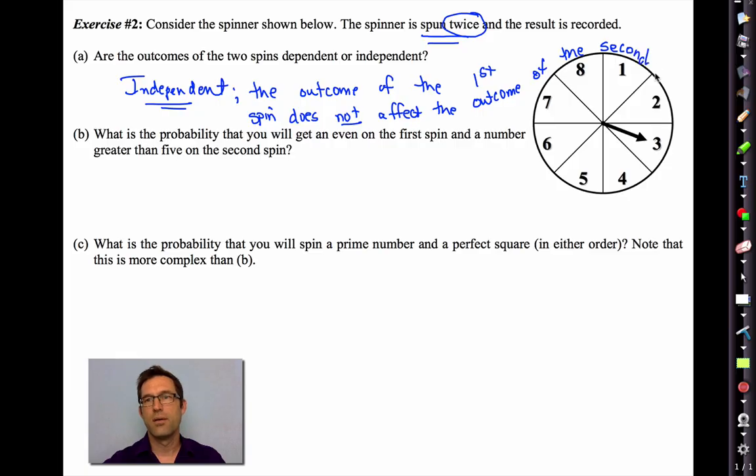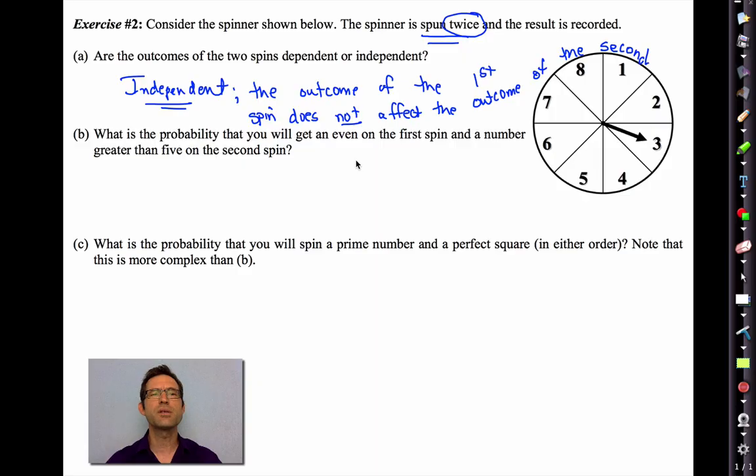Now, we could get into an argument about physics and, maybe if the first spin lands on an 8, then it's less likely to end on a 5 the next time. I mean, you could get into endless arguments about that. But in theory, something like a spinner or tossing a coin or things like that, every time you spin, toss a coin or roll a die, whatever, each roll, each spin, each toss is independent of all the others.